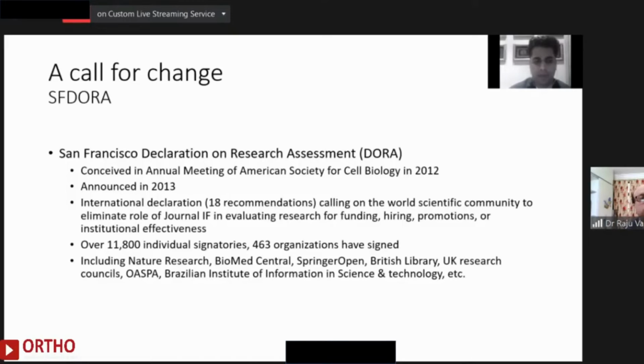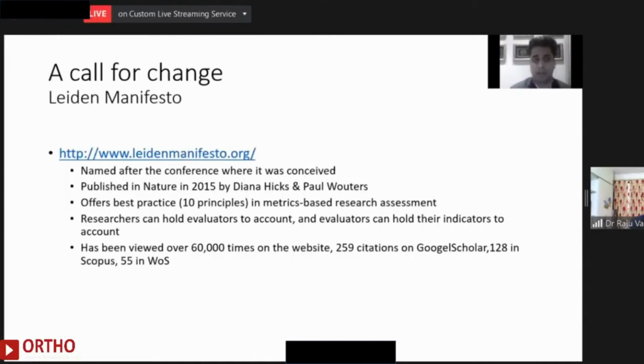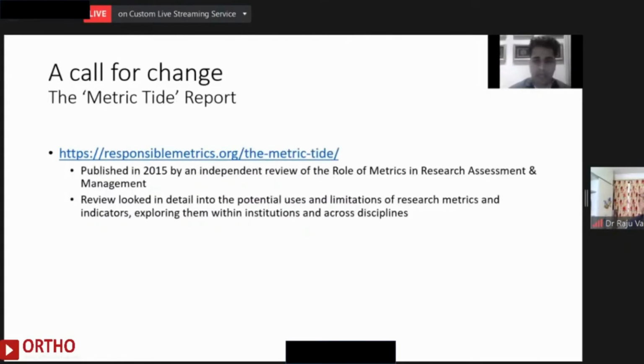So almost 12,000 individual signatories and 460 organizations signed in, even big ones, and they all said that we need to change it and no longer use just the original publication metrics. Similarly, the Leiden Manifesto was published in Nature in 2015 by Diana Hicks and Paul Wouters, and they spoke about offering better review, and they also said that we need to change.